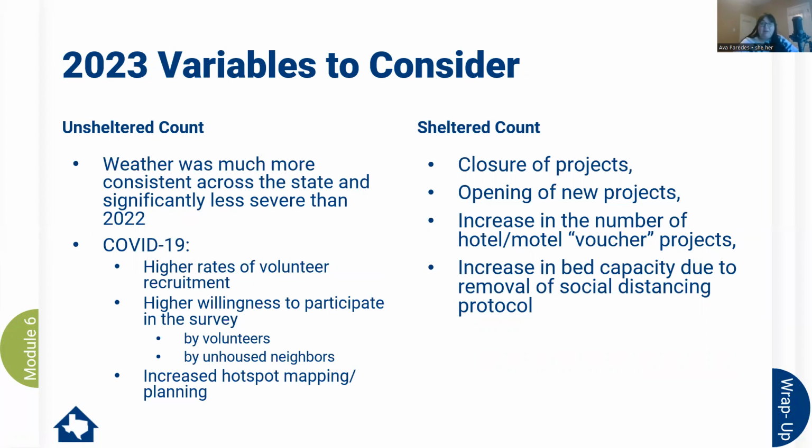However, there may have been factors that affected both of your counts. For example, we did notice that we had a significant increase in volunteer participation for both counts, particularly for the unsheltered count. We had much more clear weather. It was significantly more consistent and less severe than it was in 2022.